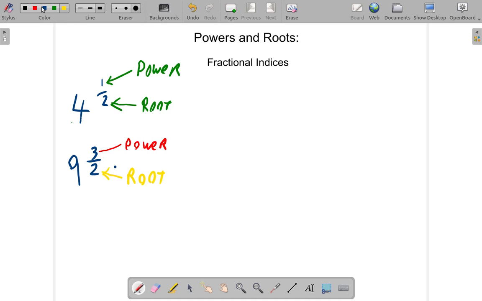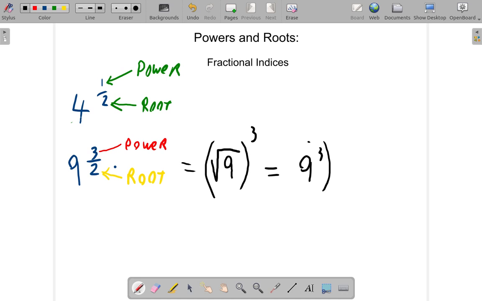Now, you can find the power first or the root first. Let's do it at first by finding the square root of 9, and then raising that to the power of 3. You will find that it is also equal to raising 9 to the power of 3 first, and then finding the square root of that.